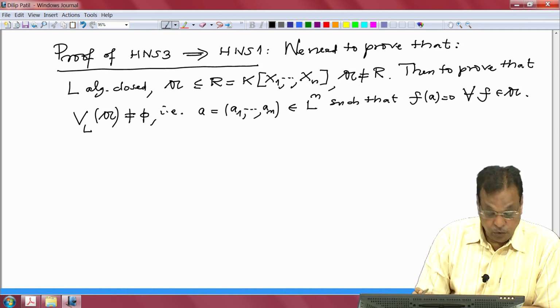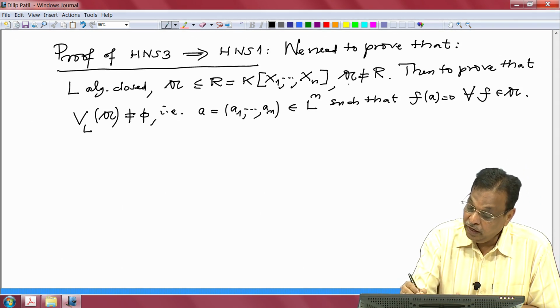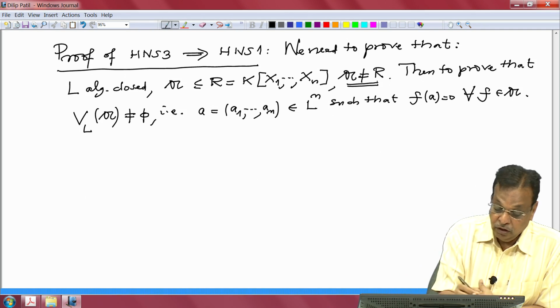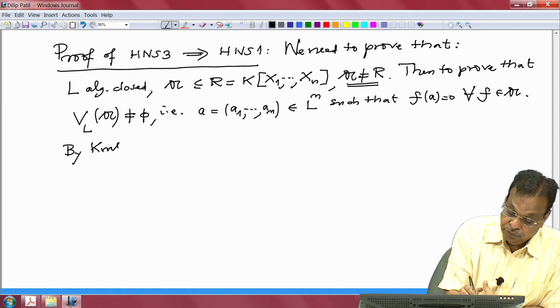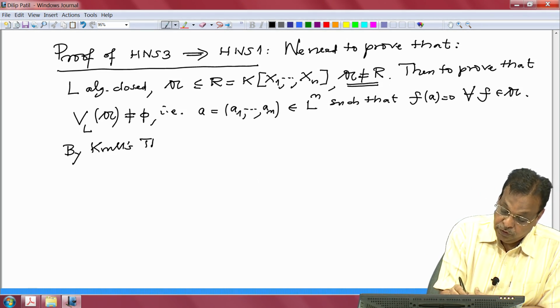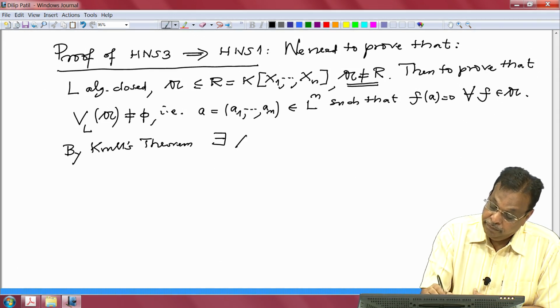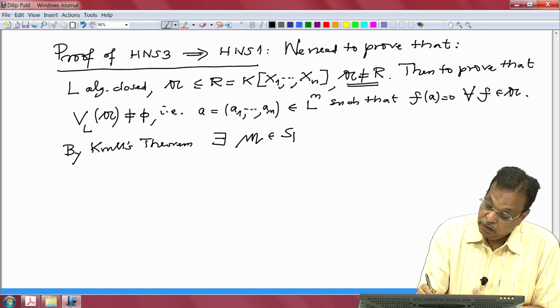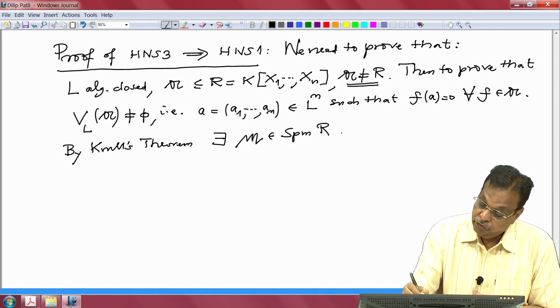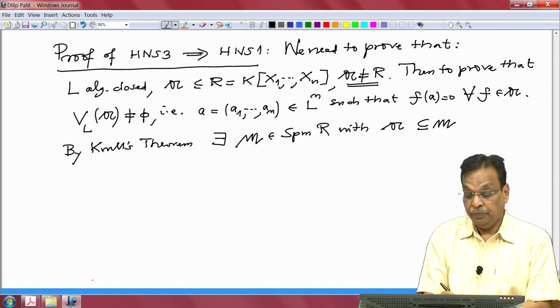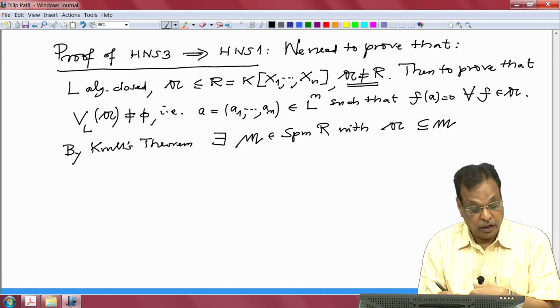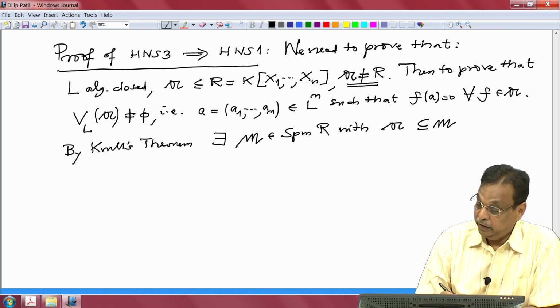Alright, so what do we do? We are given an ideal A which is not the whole ring. So, by Krull's theorem, we know that there exists a maximal ideal M in the ring R with A contained in the maximal ideal M. This is Krull's theorem, because given any non-unit ideal we can always enlarge it to a maximal ideal.